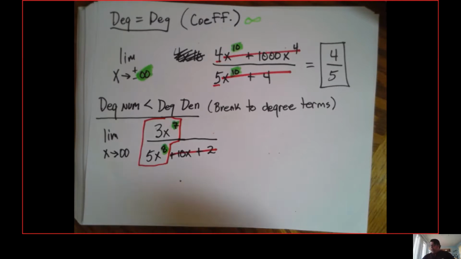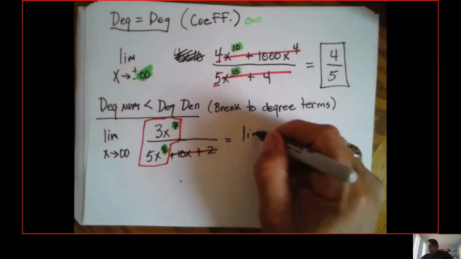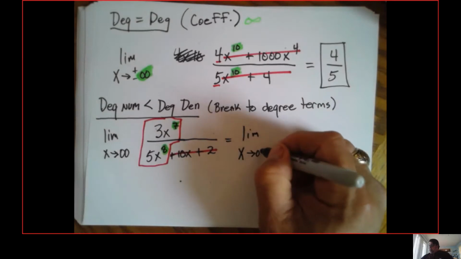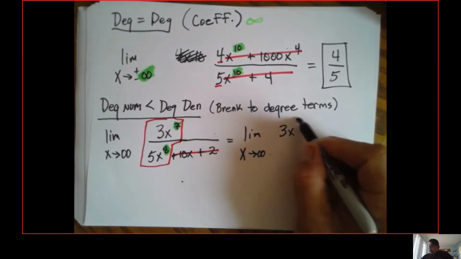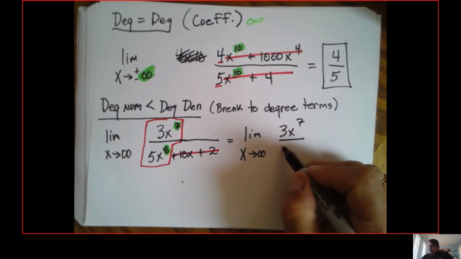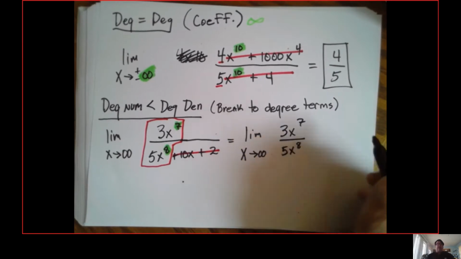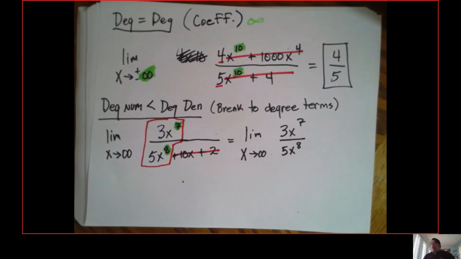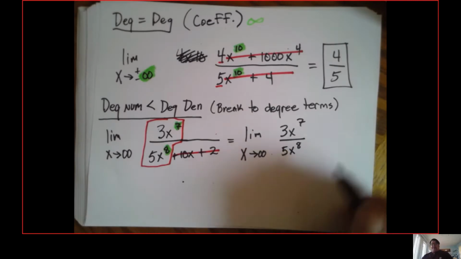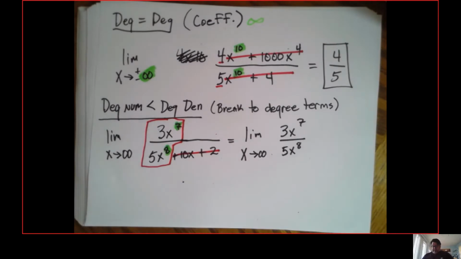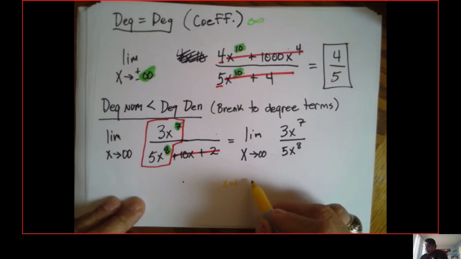Okay, this is what I do when I do it. Limit as x approaches infinity of 3x to the 7th over 5x to the 8th. And I put in my head 1, 10, and 100. Now you're welcome to go way higher than that if you want to. If I plug in 1, I'm going to get 3/5. I'm doing this in yellow because I'm mentally thinking. So as x approaches 1, I get 3/5.